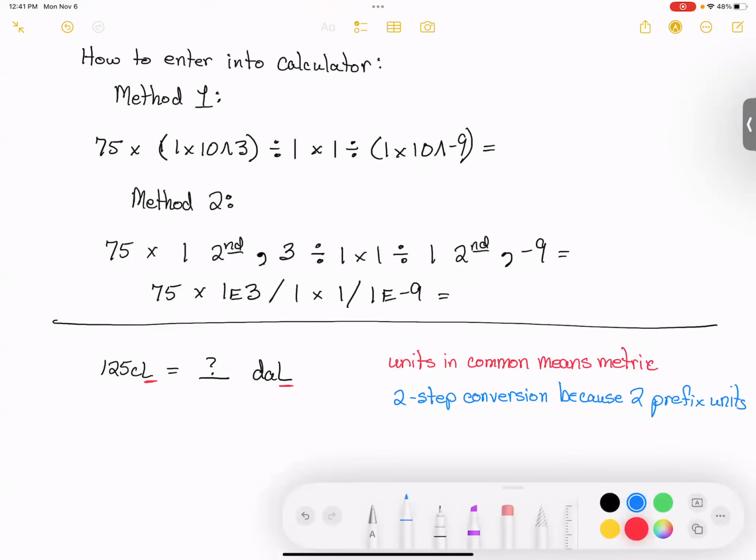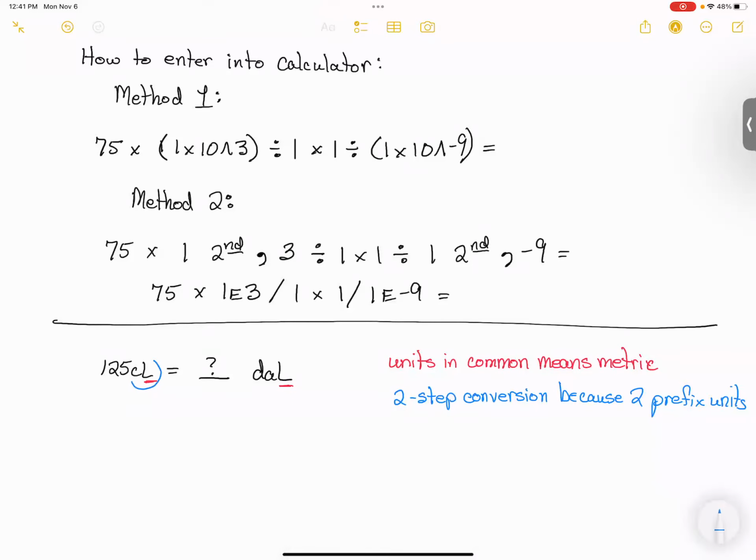The first one is going to be the one with centiliter. So 1 centiliter is equal to 1 times 10 to the minus 2 liters.